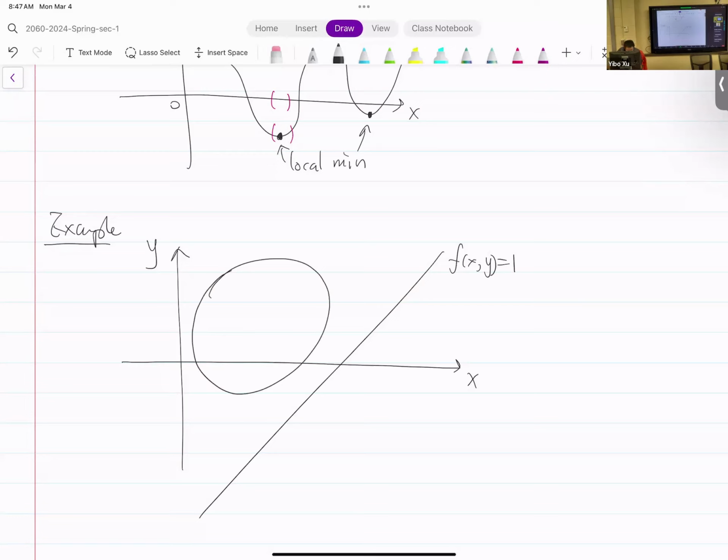So this is the level f of xy equals -2. And then we have one that's even more in the middle, which is f of xy equals -3. And then let me give the lowest point in the region. So we have a point right here, a little lower.